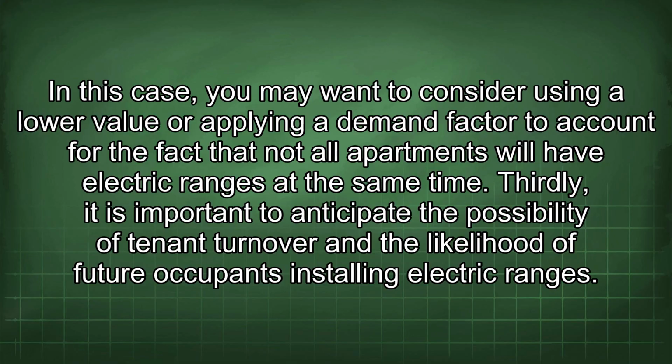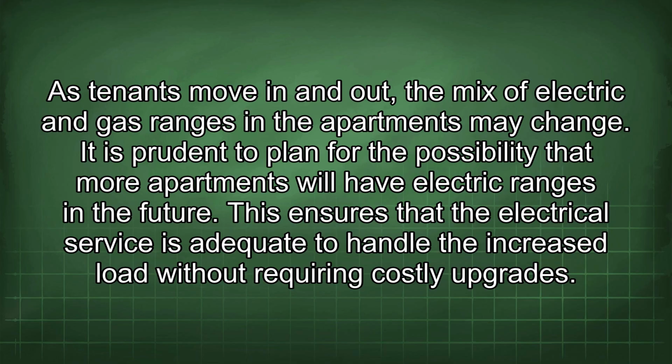Thirdly, it is important to anticipate the possibility of tenant turnover and the likelihood of future occupants installing electric ranges. As tenants move in and out, the mix of electric and gas ranges in the apartments may change. It is prudent to plan for the possibility that more apartments will have electric ranges in the future. This ensures that the electrical service is adequate to handle the increased load without requiring costly upgrades.